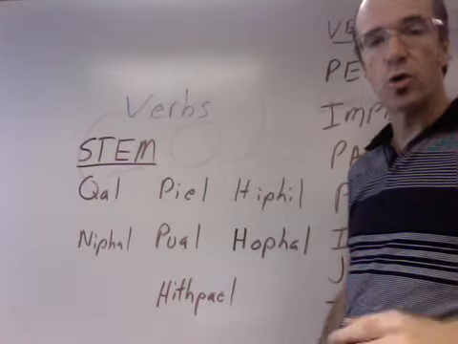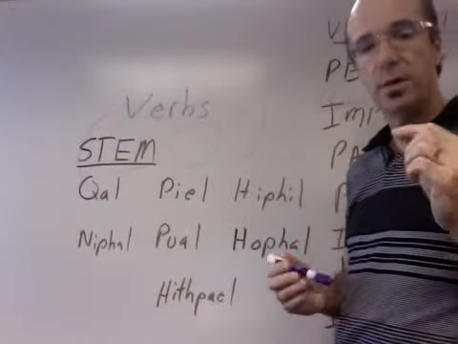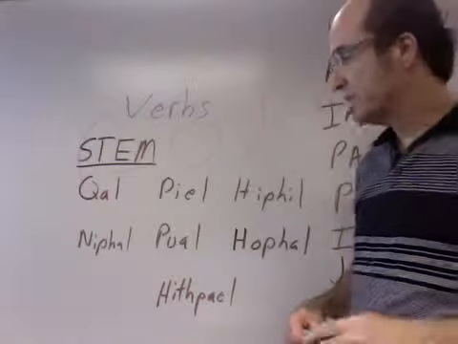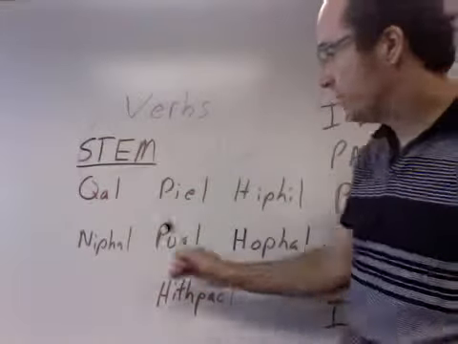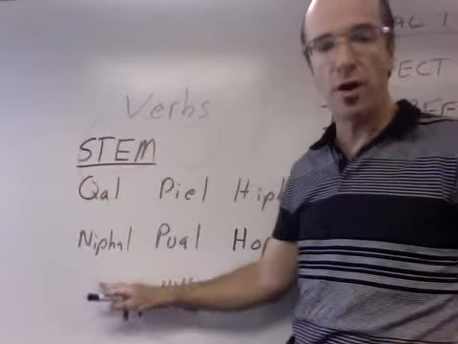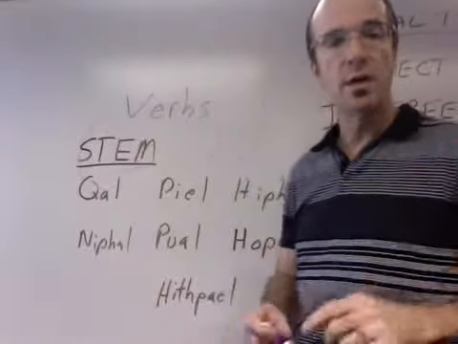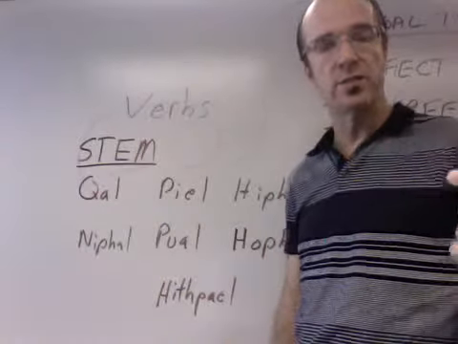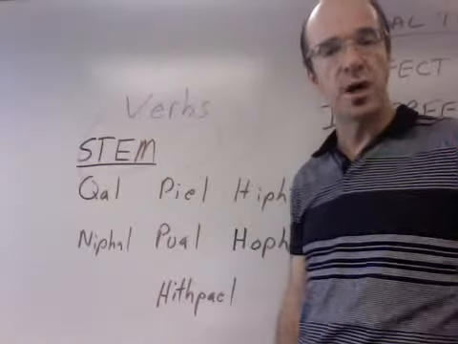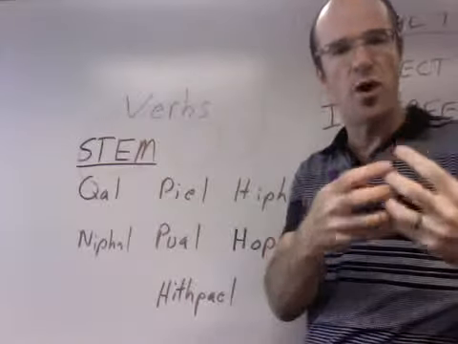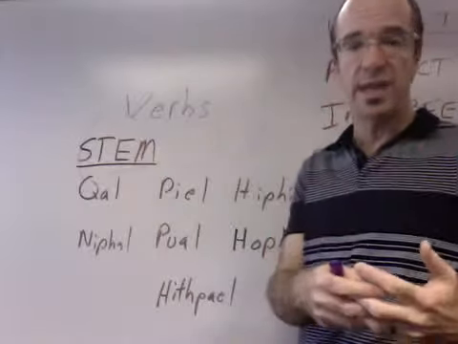The third category would be what's known as middle or reflexive. This would be the bottom one. In terms of this category, the nifal can be passive or reflexive or middle. You'll see that. Middle voice, reflexive voice, is where the subject does the action, is involved in the action, and on some level receives the action.